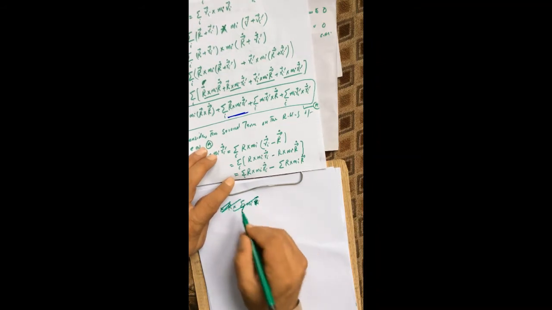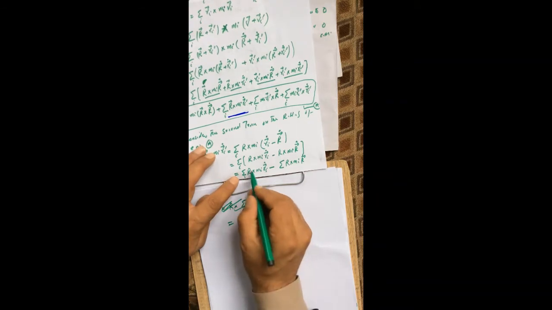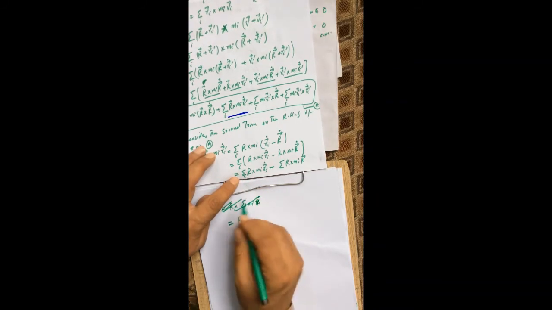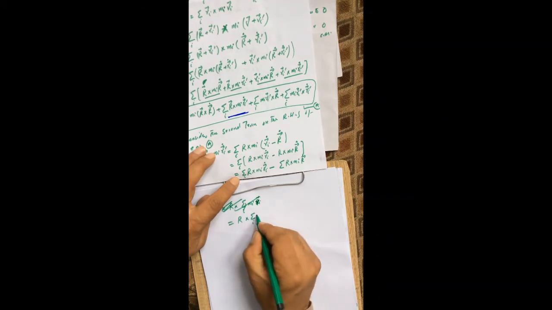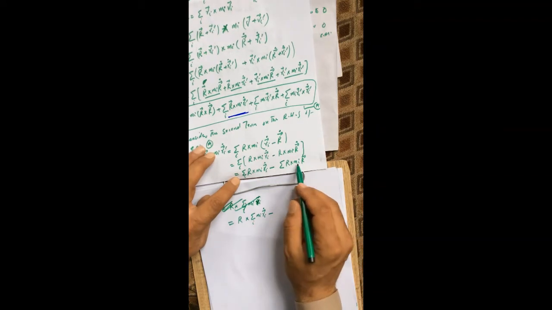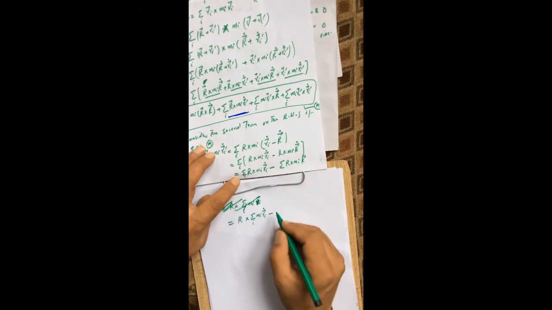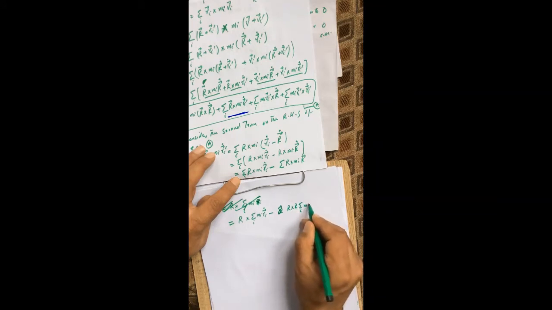oh sorry, so we have this is equal to, this r is without summation, so I will keep it outside, and we have this cross, and sum is here mi ri dot, minus, we have this summation is only on this mi, so here I can write it as r cross r into summation over I mi.